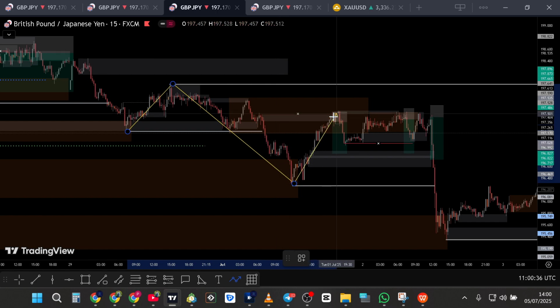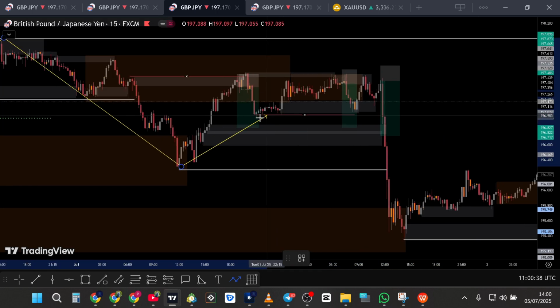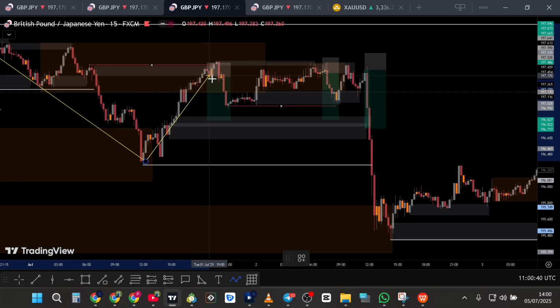When price came in here again, I took another sell, but my stop loss was again very low, just above this high. Price came down, went up to take me out, and then came down in my direction. So that's another letdown, but we just soldier on and move on.